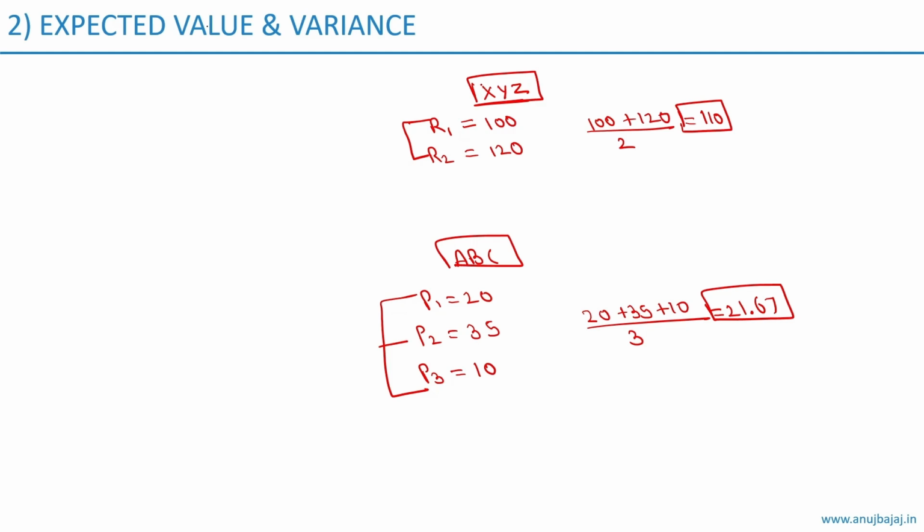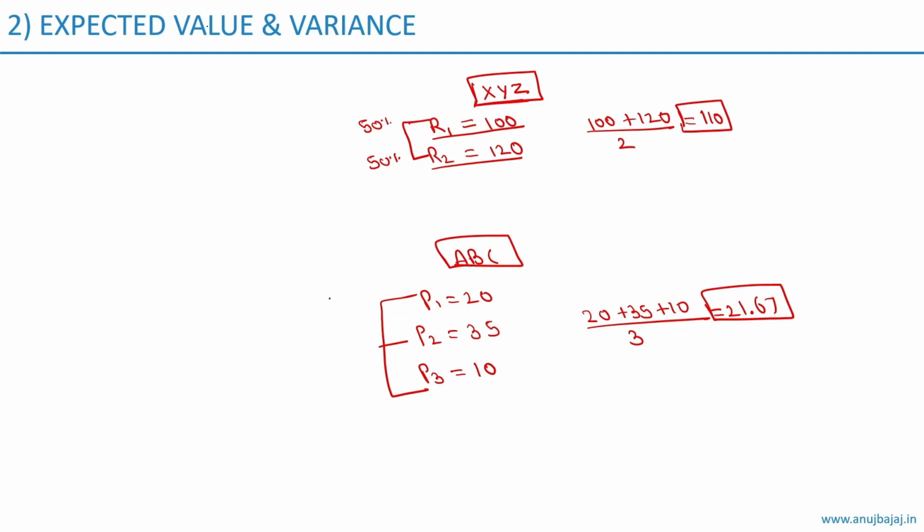So in this case, when we are forecasting the revenue of XYZ, we expect that there is a 50% chance that the revenue could be 100, or there is a 50% chance that the revenue could be 120. Similarly, in case of company ABC, we expect that there is equal chance of any of the three profits occurring.